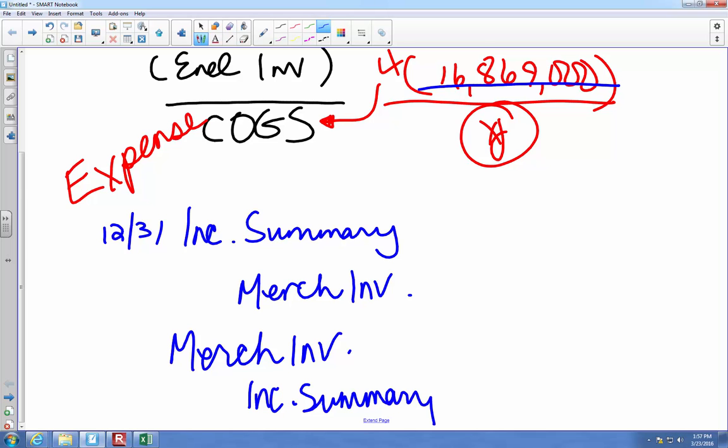So you're going to get that $5 million number off, and then you're going to put the ending balance, which is the 16,869, on.